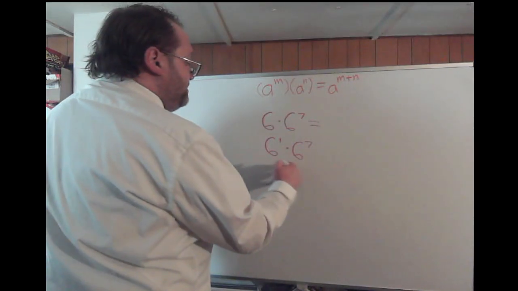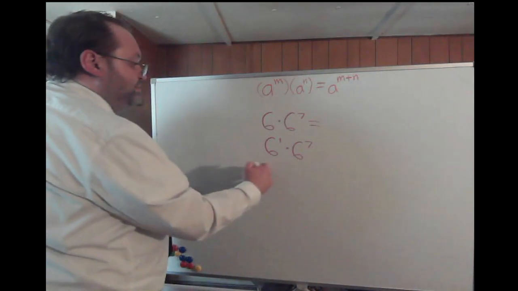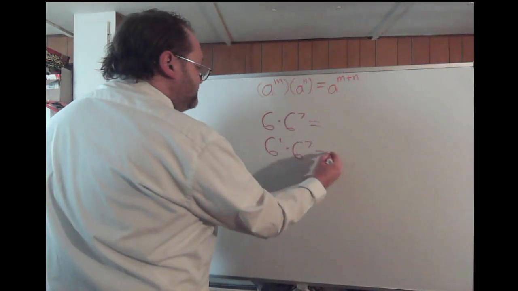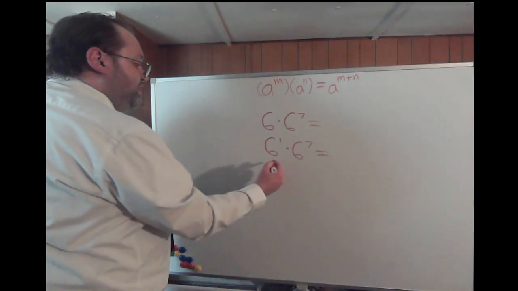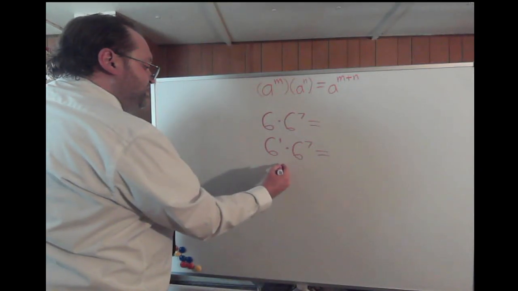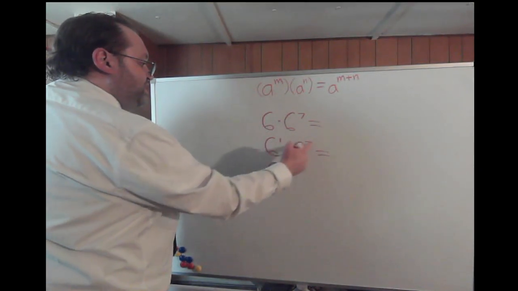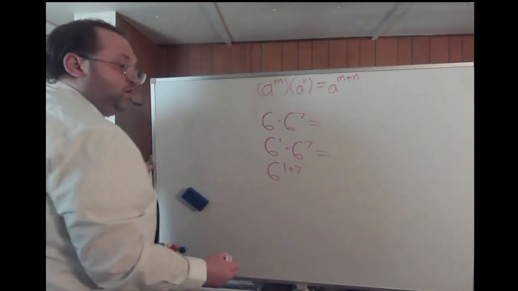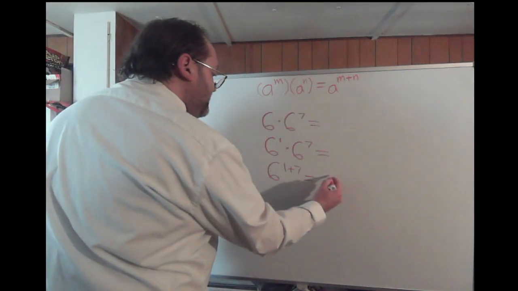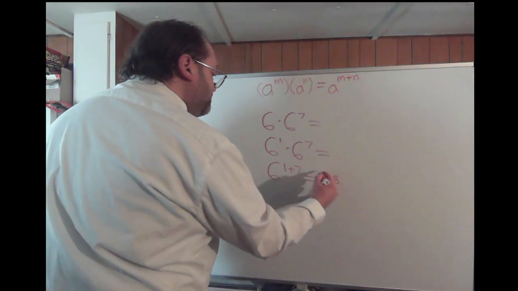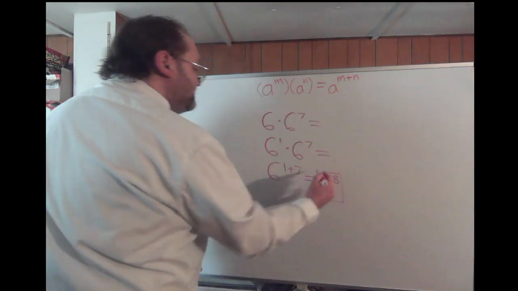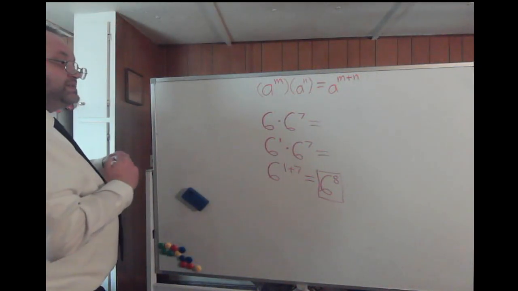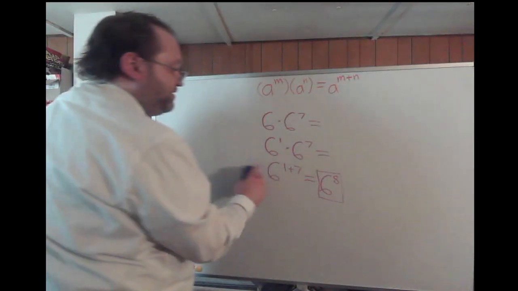You have to have the same number, the same base. It won't work if it's different numbers. If it's the same, you take that base 6 and add the two powers together. So you'll have 6 to the 1 plus 7, which, as we know, 1 plus 7 is 8, so your answer would be 6 to the 8th power.